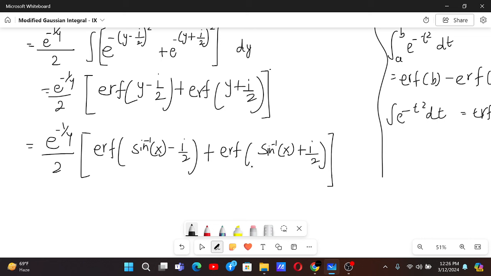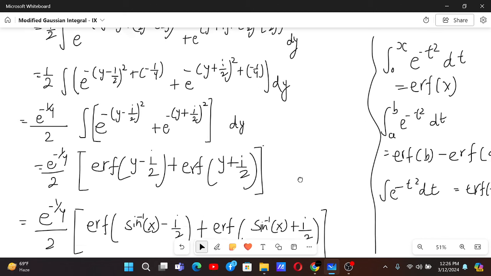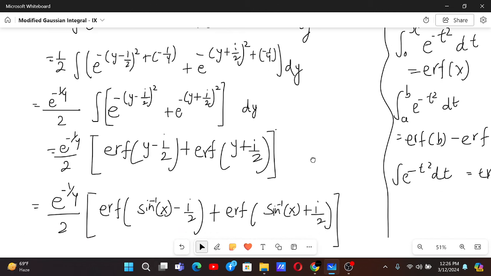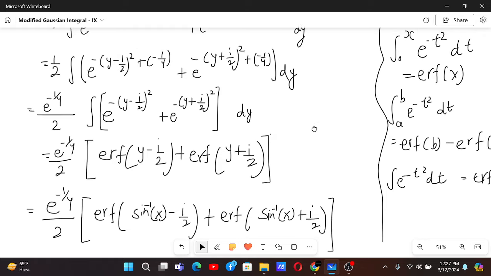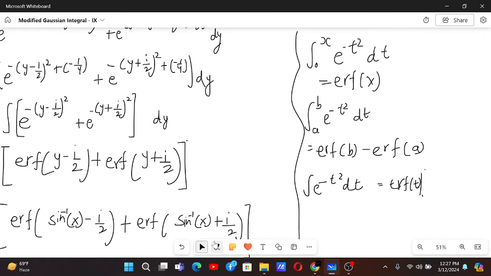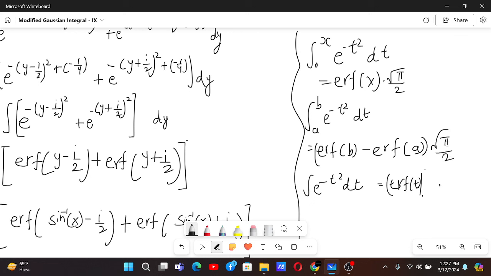Oh wait, I missed something. Very important. So basically this integral is not just erf of x, this is erf of x times root pi by 2. I'm sorry, root pi by 2. So please do continue the root pi by 2 everywhere. Root pi by 2, and this also times root pi by 2.